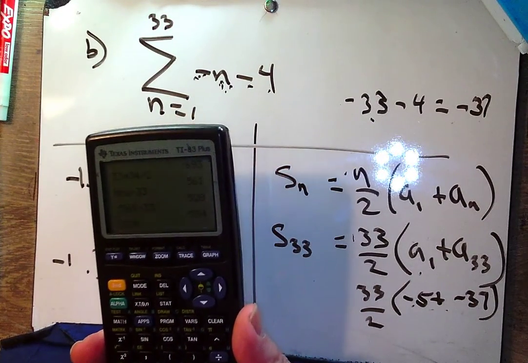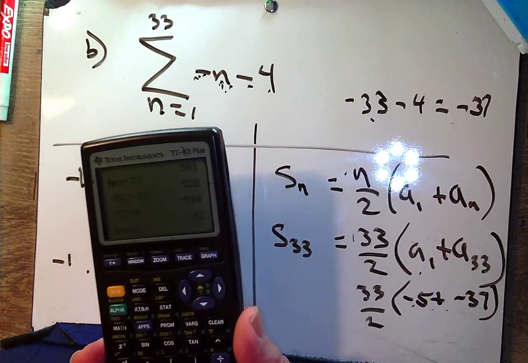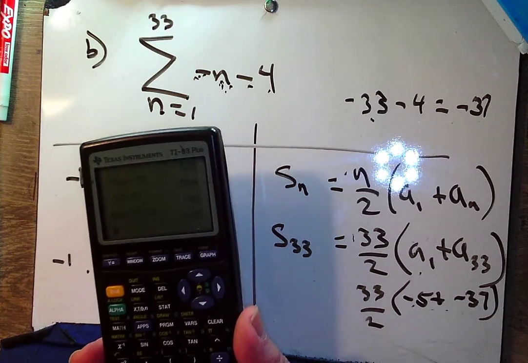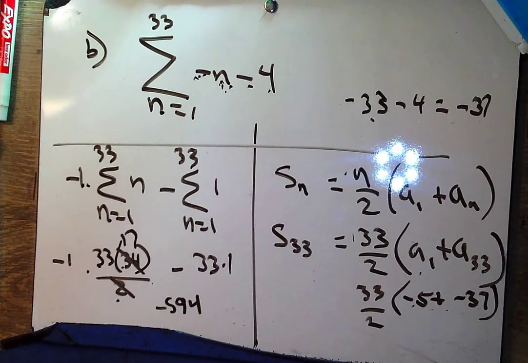Minus 37 minus 5 times 33 divided by 2. I get a different number. How come that's not working? I'm not doing it the long way. But I do find it a little awkward.